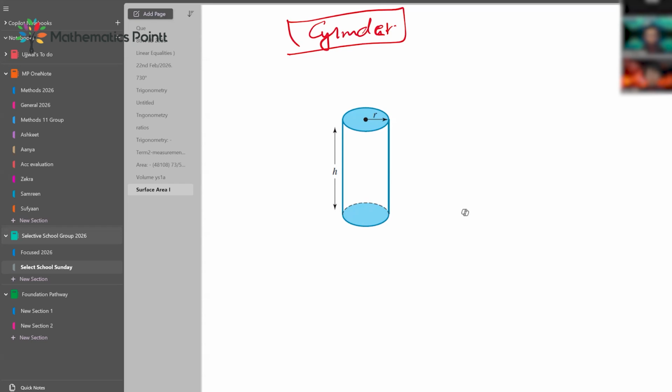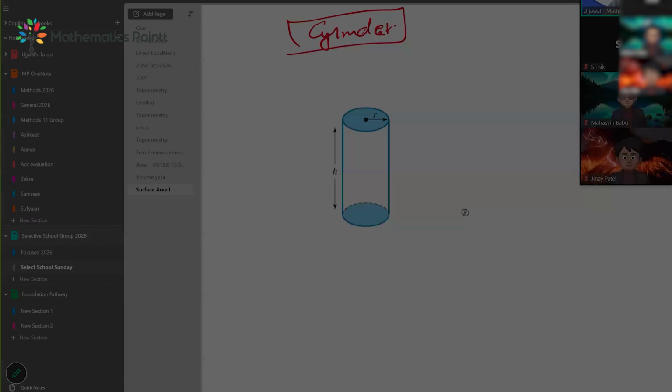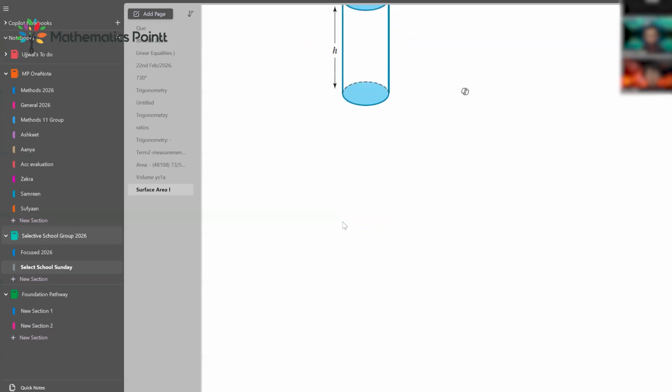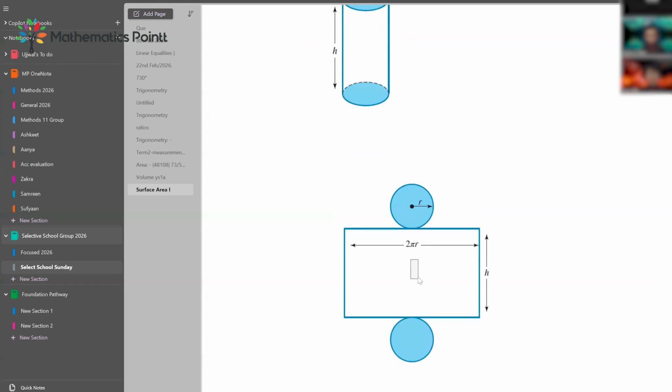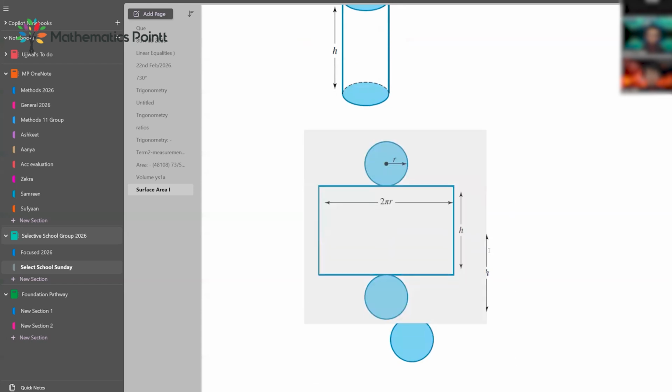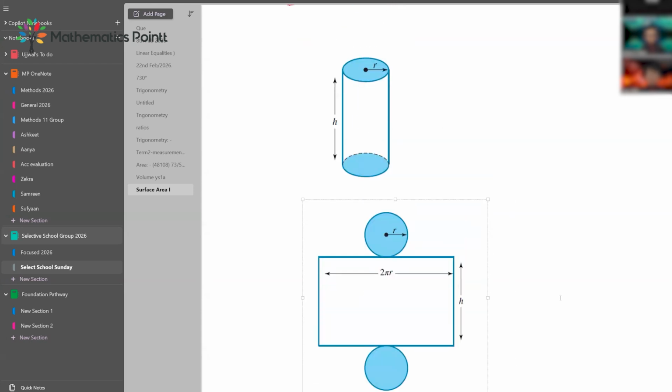And when I say three faces, if we open the cross section, I'll quickly show you how it's going to look. That's how a cylinder looks like when you open it up.